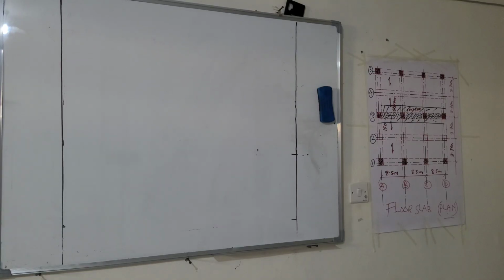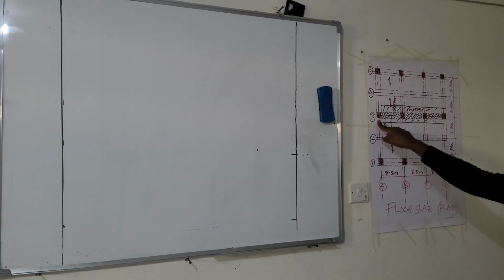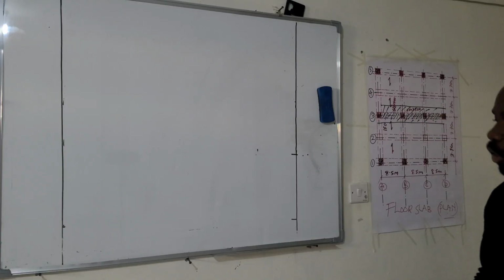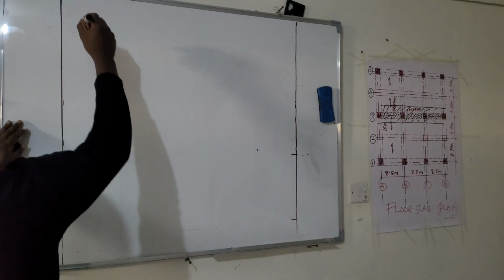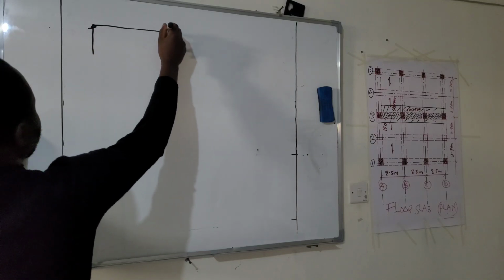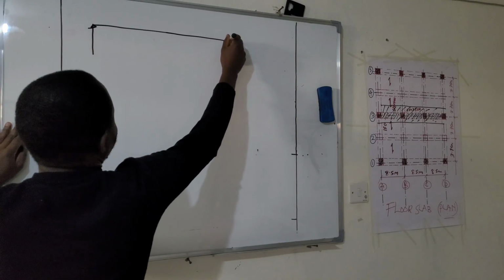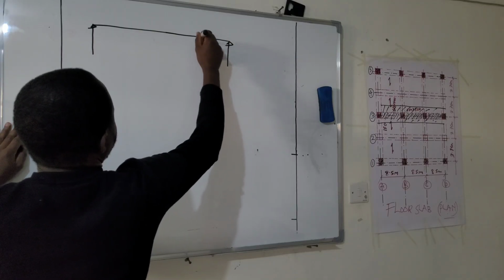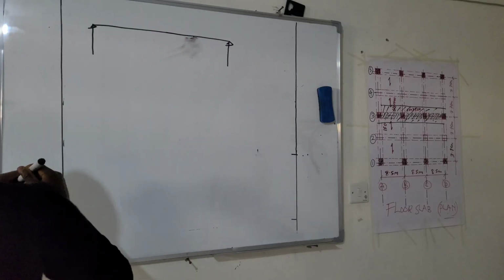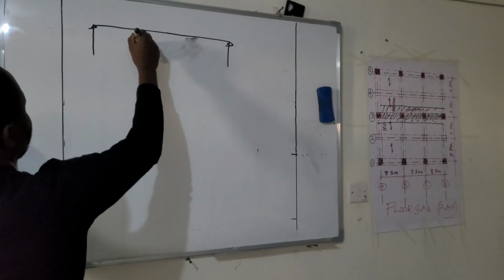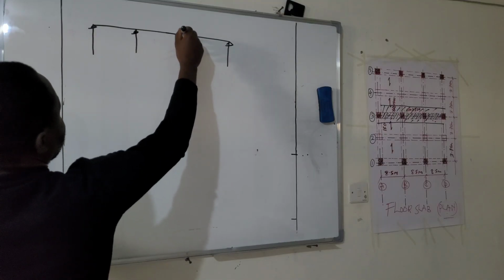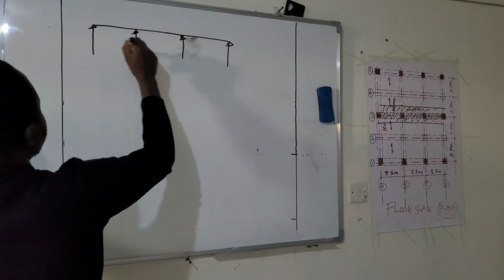So this is a continuous beam because it has how many supports? 1, 2, 3, 4. So if I can draw this beam here, so that is the beam.